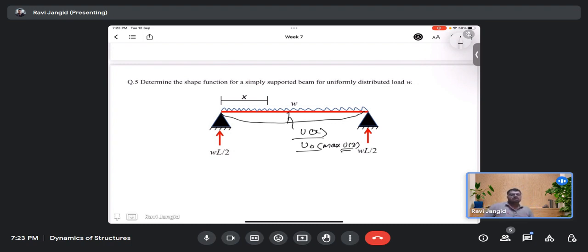In this case, u(x) you can determine by using that UDL. Can you find out the displacement expression? You can calculate it by using d2y over dx square equals M over EI.